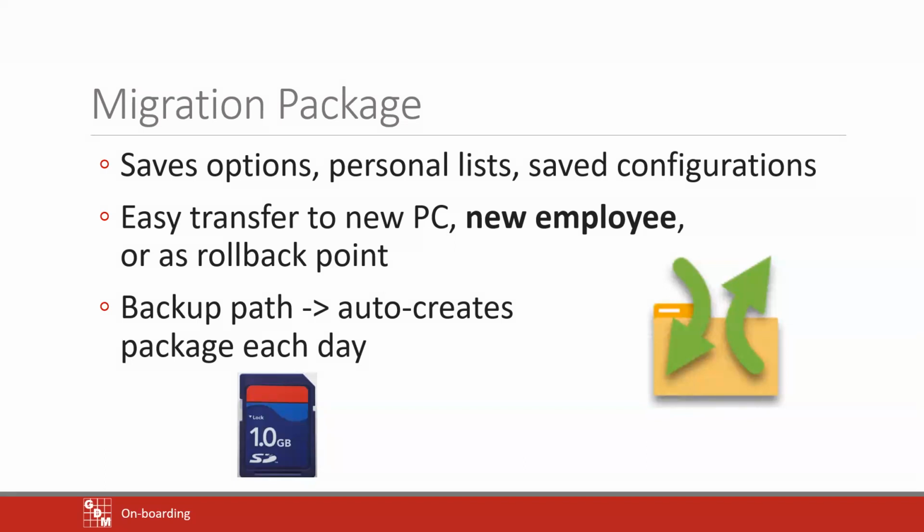I'm not sure if any of them are even useful, but at the very least, there's a few items by default in the treatment product lists. But of course, those are just the defaults. So that would be one reason, if your company has a lot of products that you typically are adding to that treatment list, that's an advantage to use the migration feature. If you don't copy those over, that new person will just have the default standard, not a whole lot of useful treatments in their list.